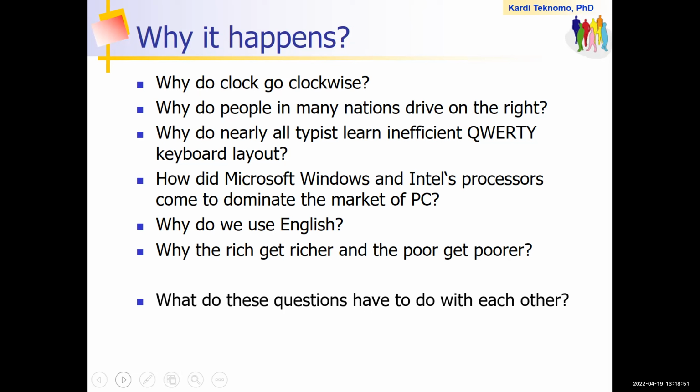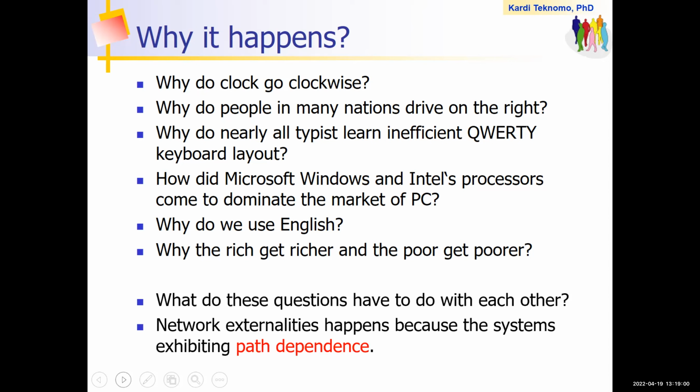What do these questions have to do with each other? They are all pointing to the same phenomenon. Another name for network externalities or massive coordination game is path dependence. I will show you why this becomes path dependence or lock-in.